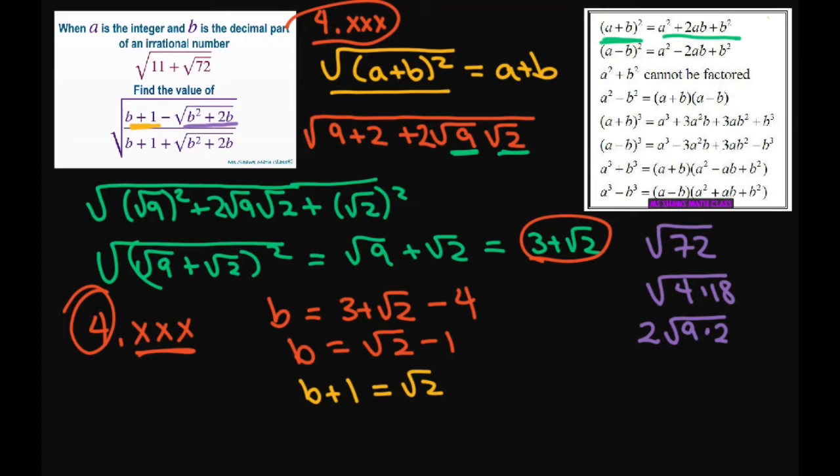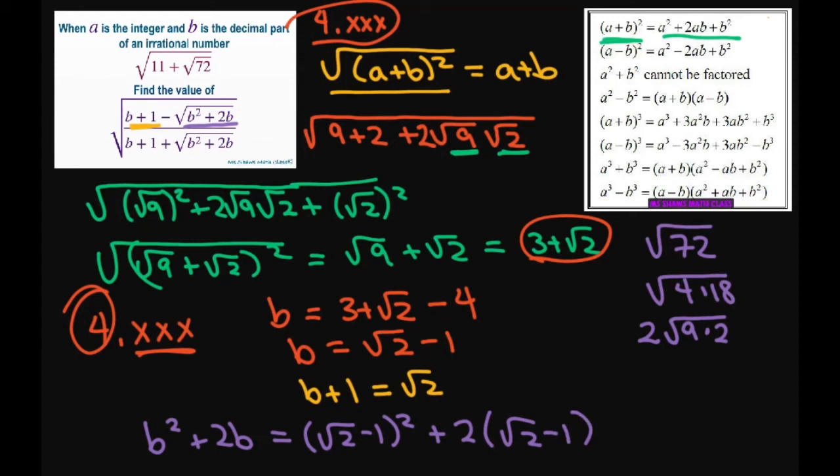So if you do B squared plus 2B, that's going to equal square root of 2 minus 1 squared plus 2 times square root of 2 minus 1. We simplify this, and then all we have to do is use substitution.